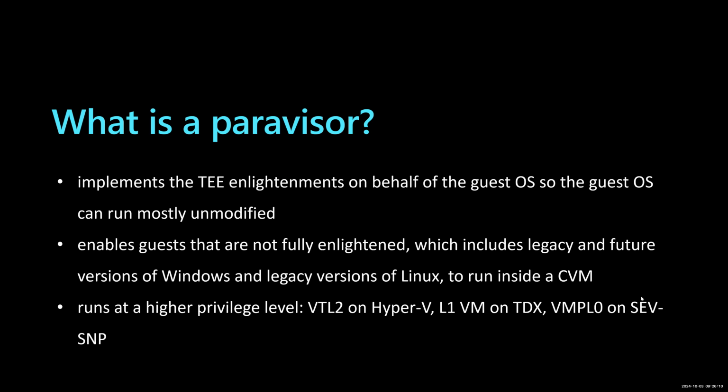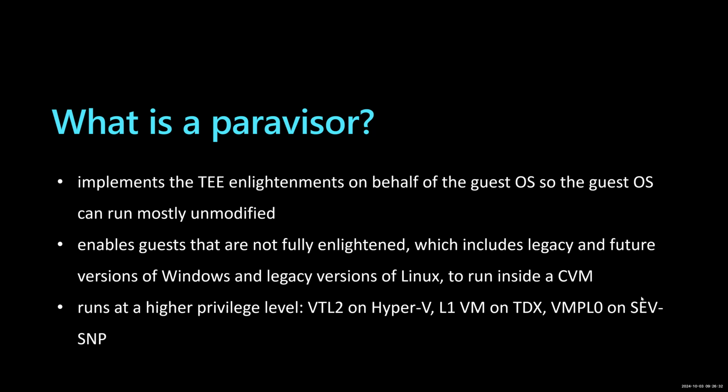Not fully enlightened guests today include legacy and future versions of Windows and legacy versions of Linux. And by legacy, I just mean old versions of Linux that don't have the enlightenments. I don't know the specific kernel versions, but I could put those in the chat later.